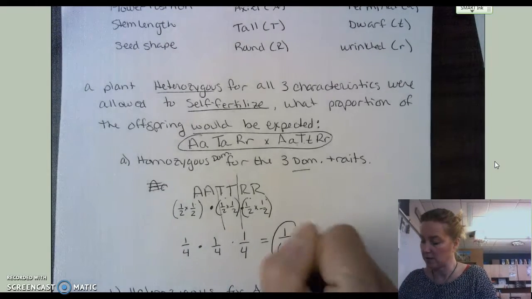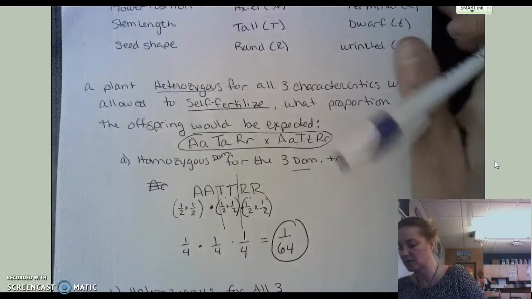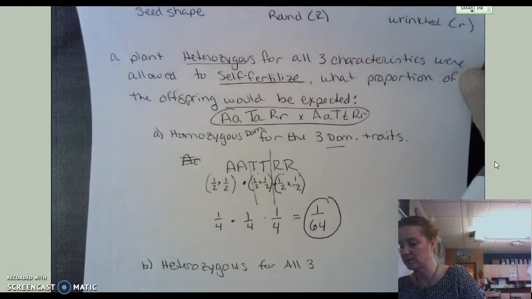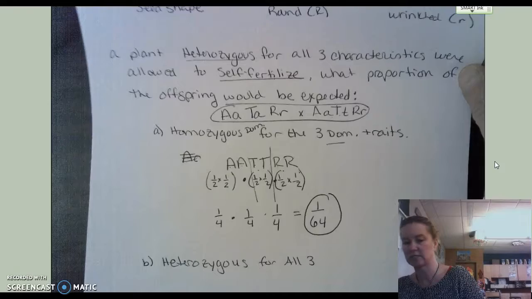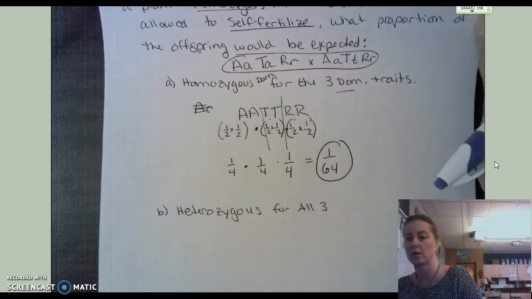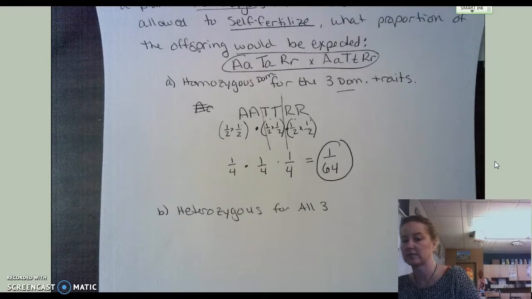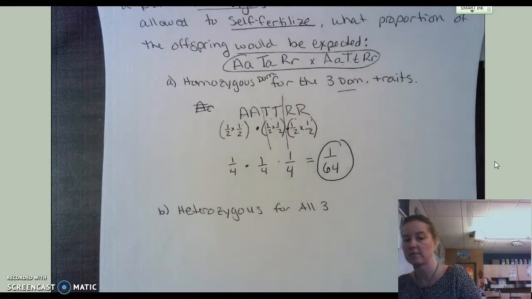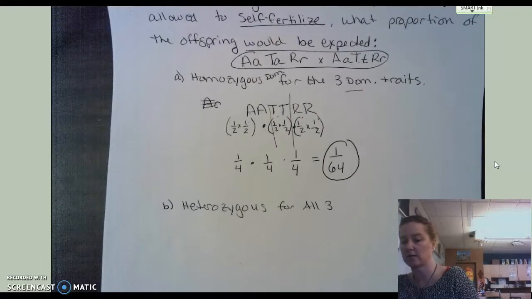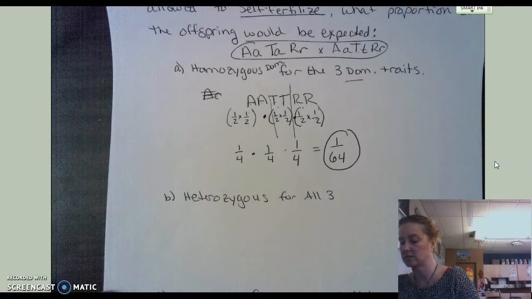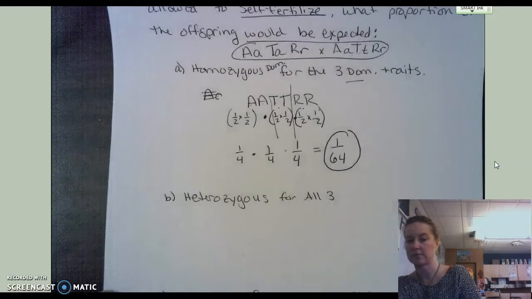So the chance of having offspring homozygous dominant for all 3 traits is going to be 1 out of 64. We can go through and work the heterozygous for all 3 as well. I'm going to pause the video, I will show you the answers in just a minute, and we'll see if you can come up with the same answer.